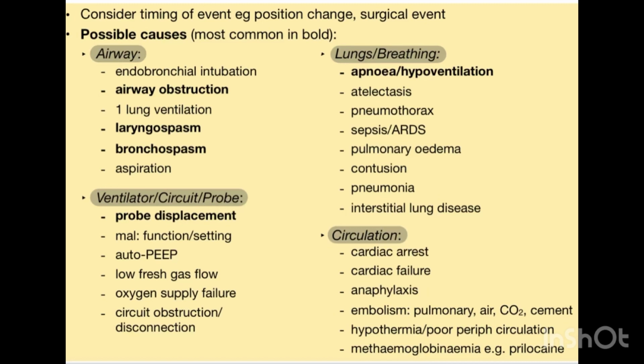Circulation: cardiac arrest, cardiac failure, anaphylaxis, embolisms, pulmonary air, CO2 or cement embolism, hypothermia, poor peripheral circulation, methemoglobinemia. Those are the further causes: airway, ventilator, circuit, probe, lung and breathing, and circulation. That is the reason people get desaturated.